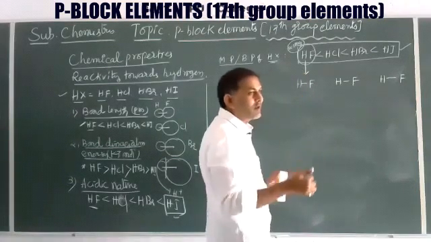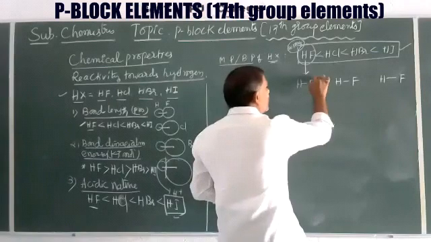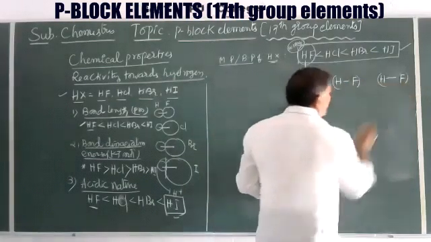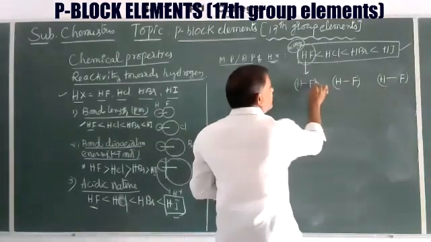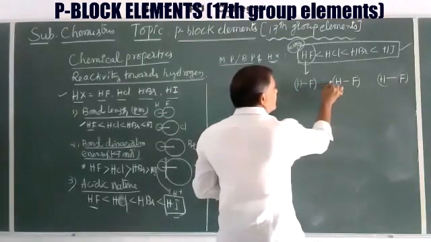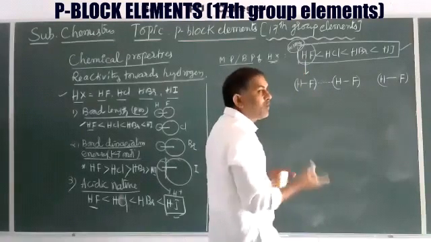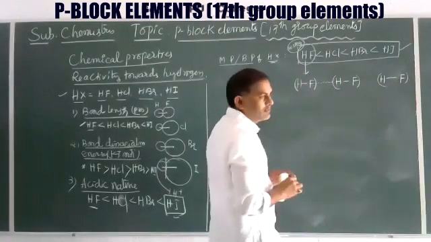Intermolecular hydrogen bonds exist. Due to the presence of intermolecular hydrogen bonds between the two molecules, denoted by a dotted line, its boiling and melting point is more compared to the others.